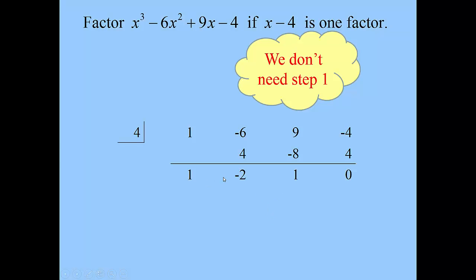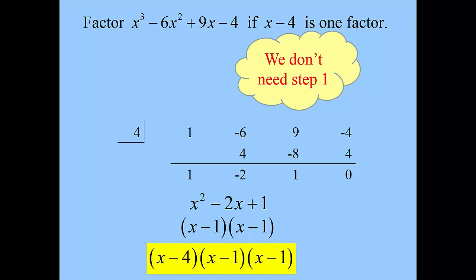And then the 1, negative 2, and 1 is the remaining quadratic that we now need to solve, which we'll do on our quadratic formula. And so these are the three factors for x cubed minus 6x squared plus 9x minus 4.